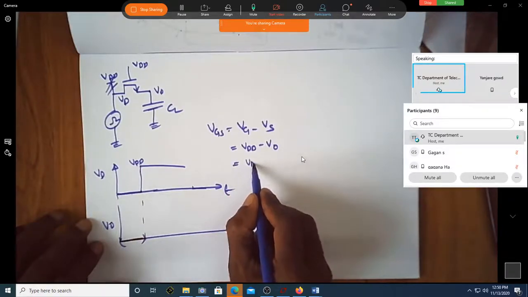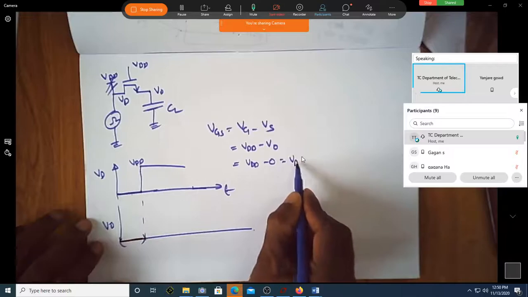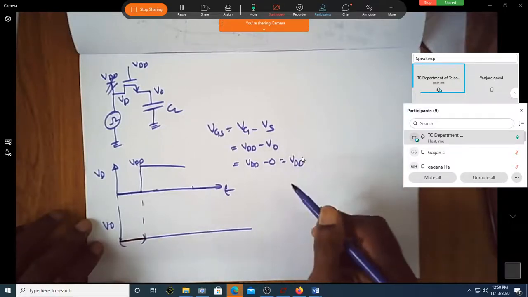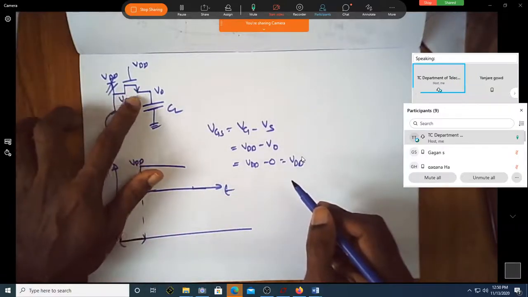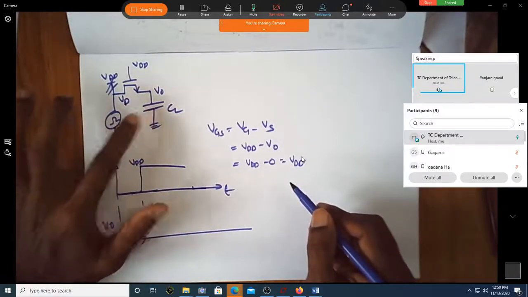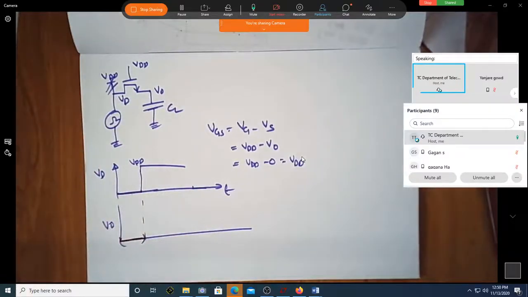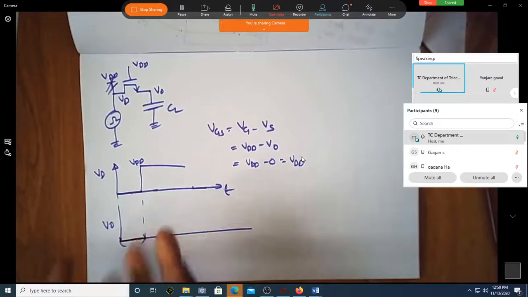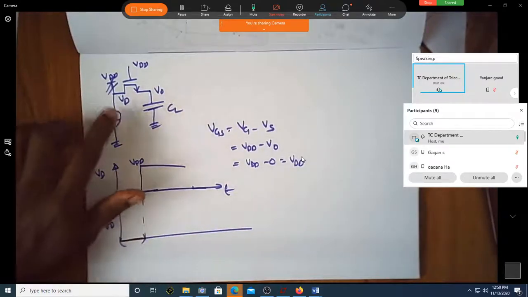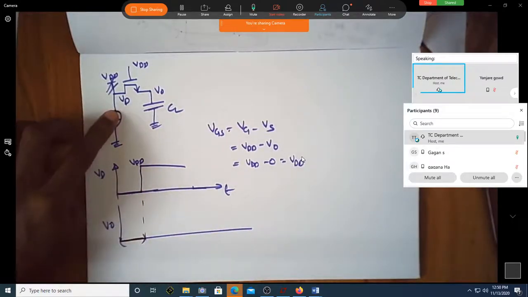Is it VDD minus 0, which is equal to VDD? Is the MOSFET on? Yes, sir. Even though the MOSFET is on, since the drain voltage is 0, this remains at 0, because it is not getting any current from the drain. Am I correct?